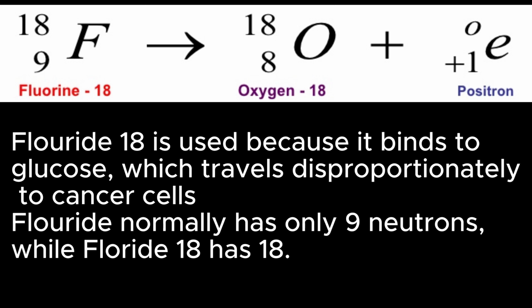One of the most commonly used radioisotopes made using the cyclotron is fluorine-18, which is created by splitting the nuclei of an oxygen-18 atom. The reason it is so useful is because this particular isotope emits positrons.